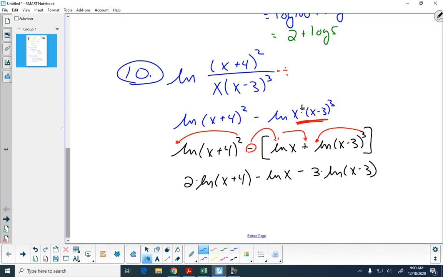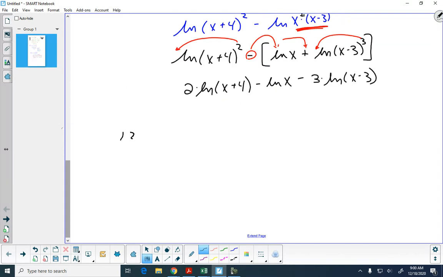If we take a look at problem number 12, it says write in a condensed form. When I say a condensed form, we're just looking at trying to get one logarithm there. So we look at problem number 12. We have 2 ln of x minus 3 ln of y plus ln of z.